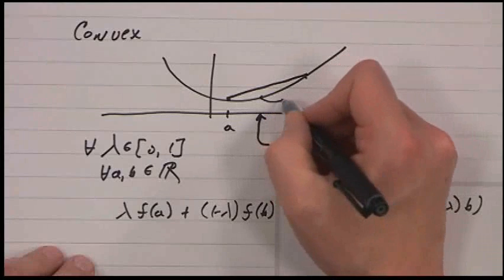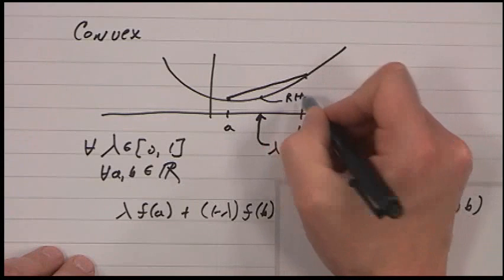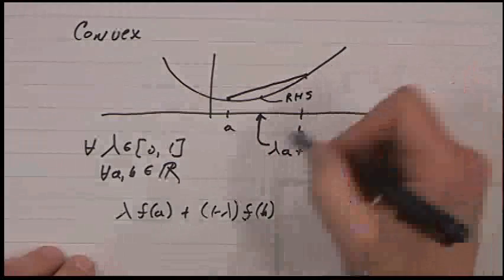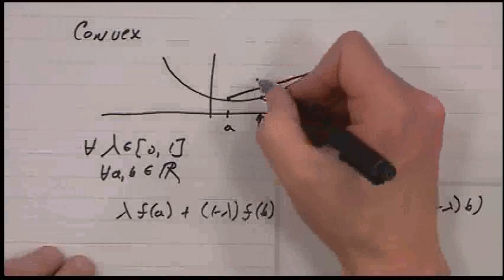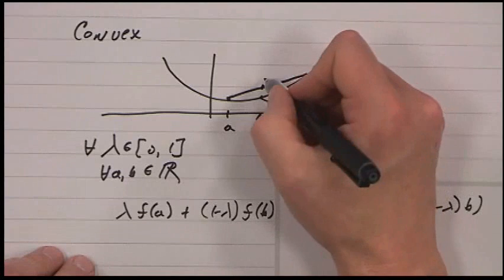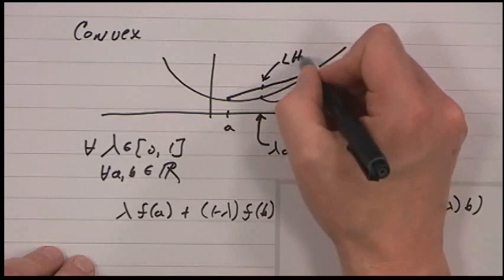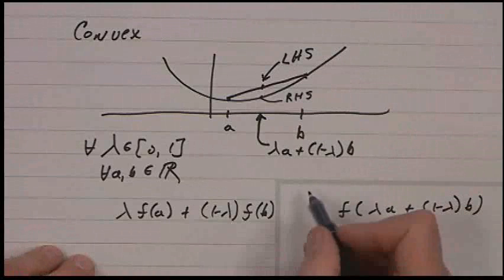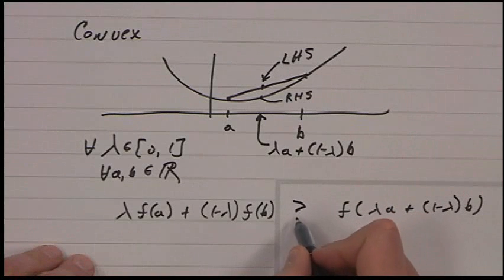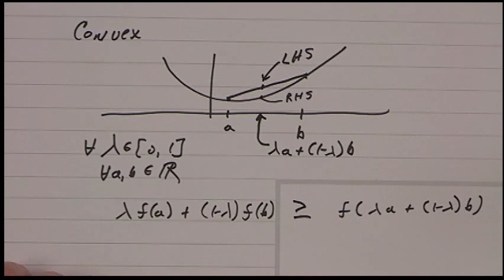So this is the right-hand side, and over here, this is the left-hand side. The left-hand side has got to be greater than or equal to the right-hand side. So that's convexity.